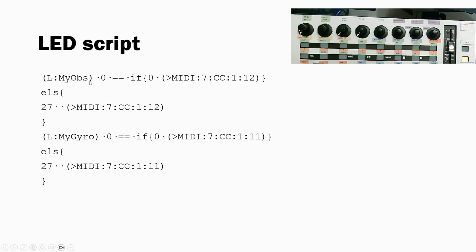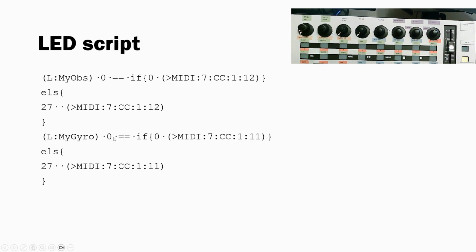If I'm not controlling number 1, I must be controlling OBS 2, so I want you to switch all of the LEDs on that ring. So 27 is the code to turn everything on, so it's the same thing that's being sent. So I'm setting 27 to that. Same for the gyro. Check if I'm doing the gyro.